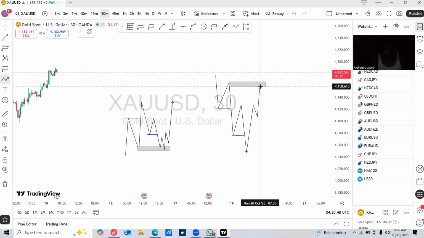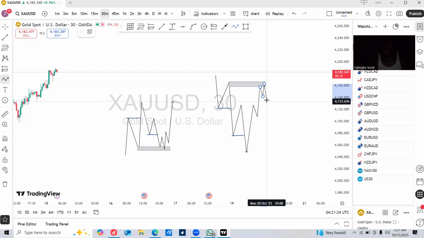The confirmation here is that once the market taps this area, allow the market to return down as if the market is selling. Then allow it to pull back up. Once it has pulled back up, then allow it to return back to this area as our change of character. Once it has taken this low here, it means that the market is already aligned with the overall higher time frame, because this is a lower time frame change of market structure.